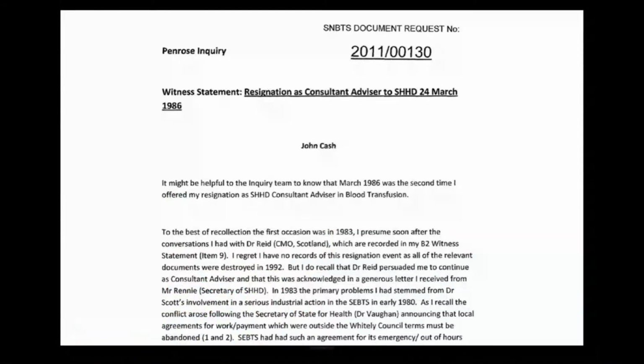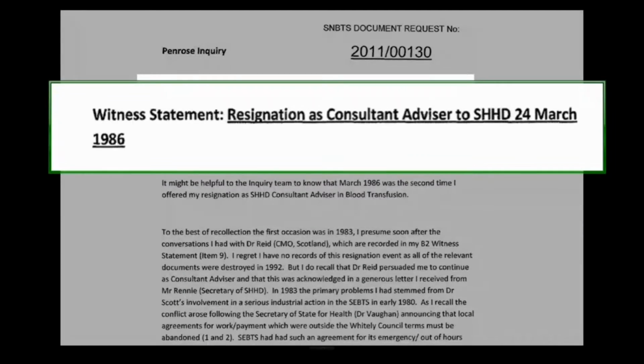And then, if we look at one other statement to the Penrose inquiry, PRSE 302223, the subject of this statement was Professor Cash's resignation as consultant advisor to the Scottish Home and Health Department in March 1986.